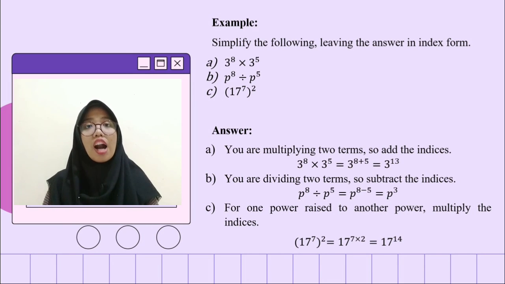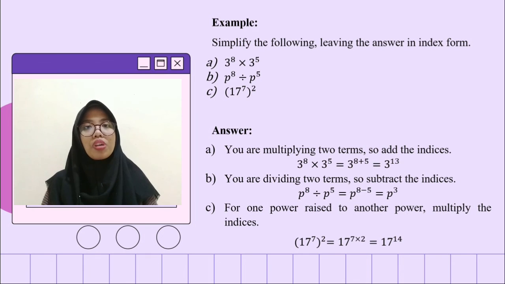B. You are dividing two terms, so subtract the indices. We have the same base, that is pi, but different indices. Pi to the power of 8 has index 8 and pi to the power of 5 has index 5.